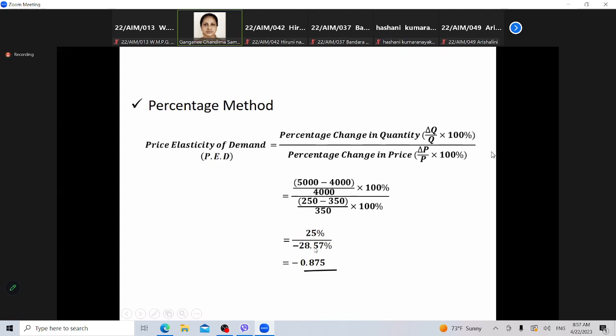P divided by Q is missing. Okay, I'll just change and share with you all. Then how did you get 0.6? If you use correct formula, all should get the same. Let's see who got 0.6 first.